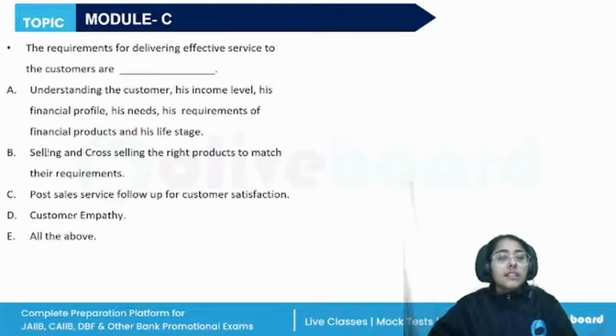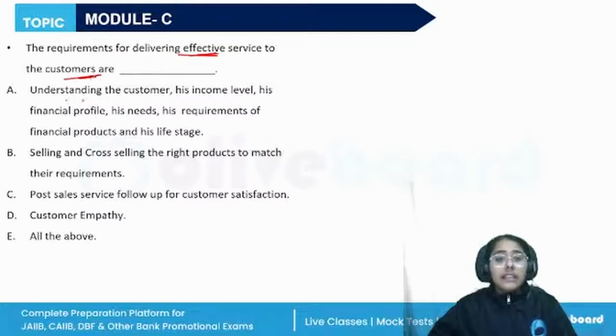Next, the requirements for delivering effective service to the customers. When the bank staff or the direct selling agents or marketing agents are creating an atmosphere that is comfortable to the customers and convenient for the delivery of service, what are the requirements to be fulfilled?